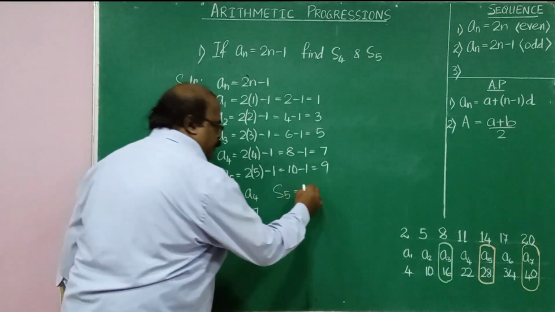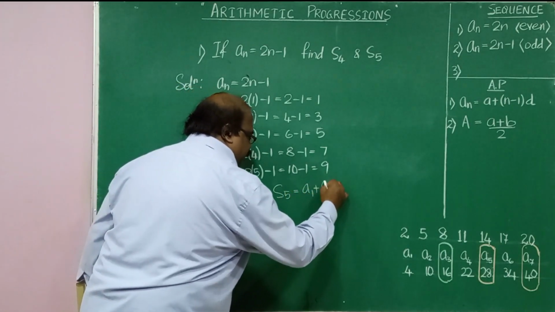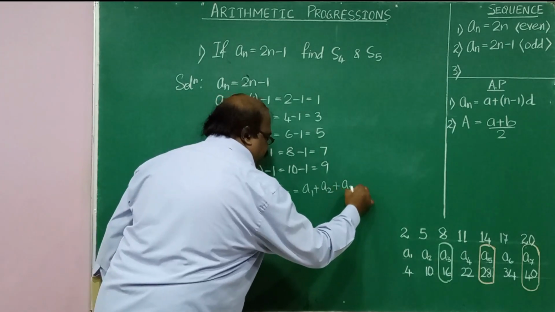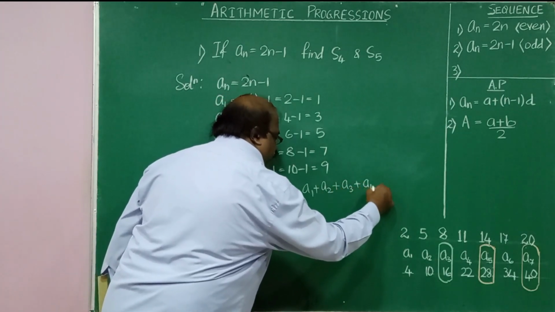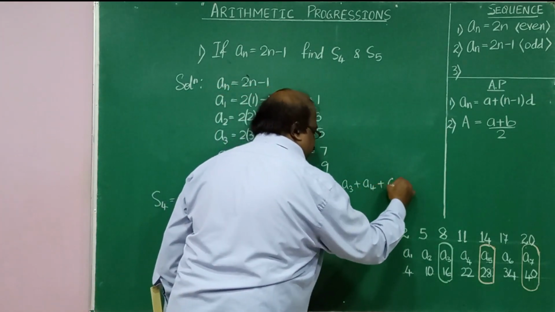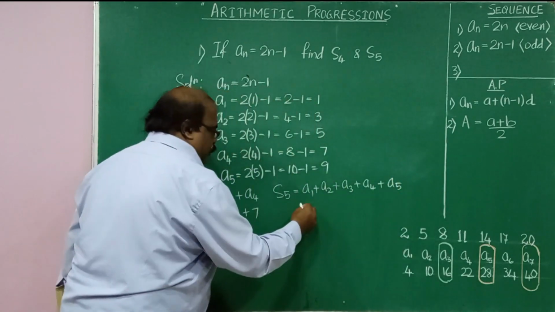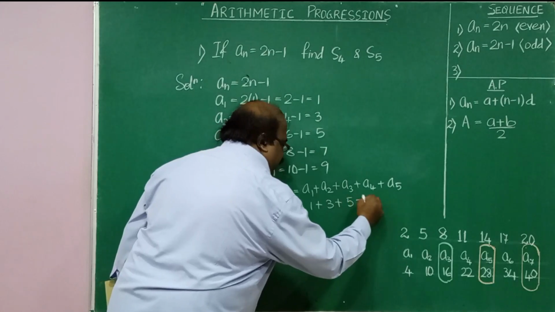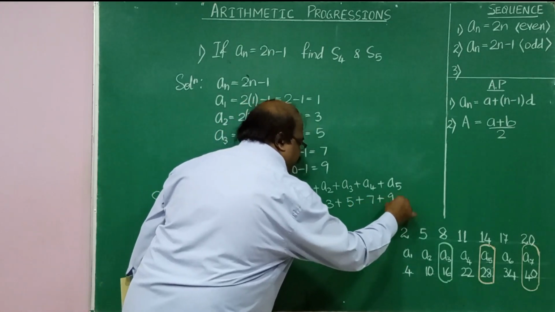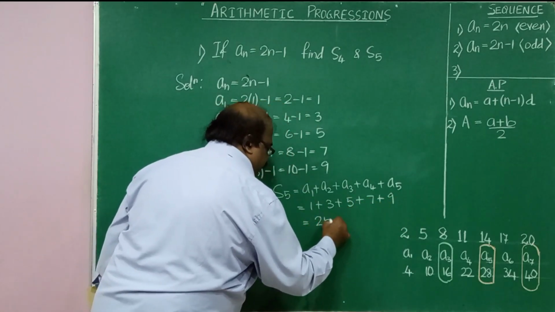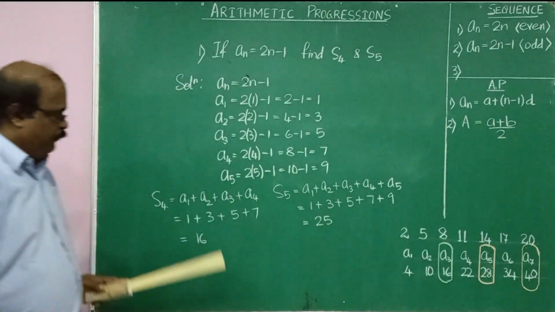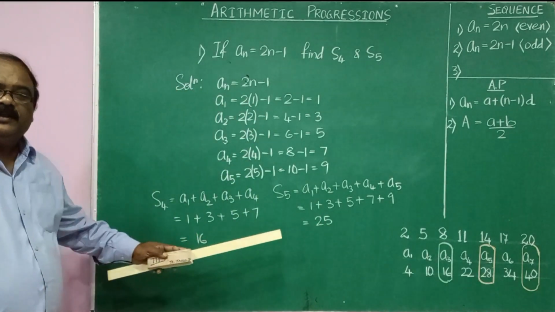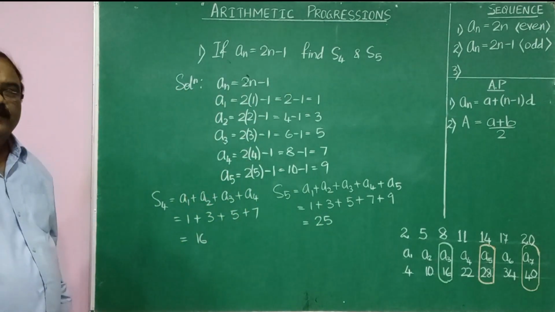Find a1 plus a2 plus a3 plus a4 plus a5. So you get 1 plus 3 plus 5 plus 7 plus 9, which is 25. The value of S4 is 16. The value of S5 is 25.